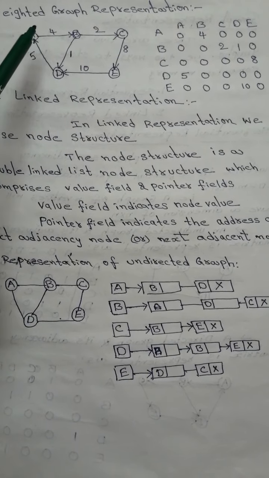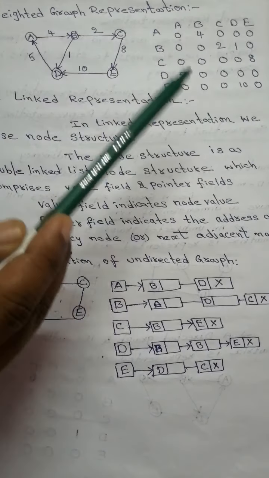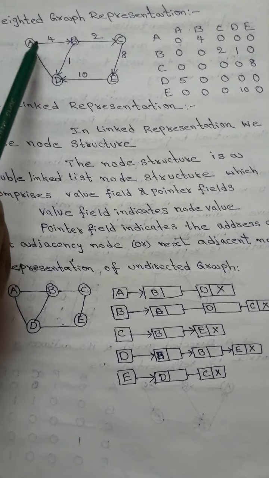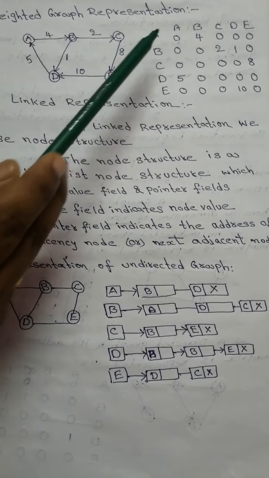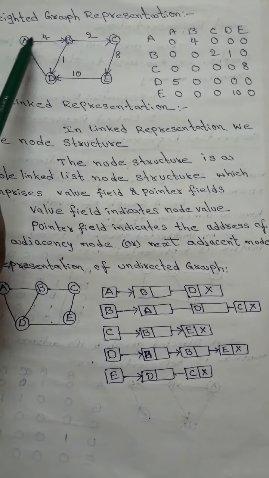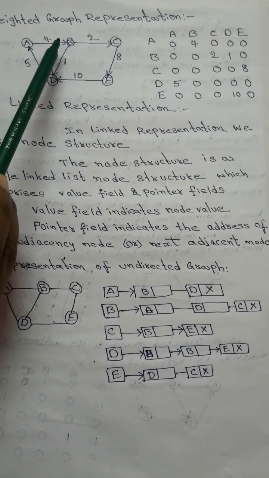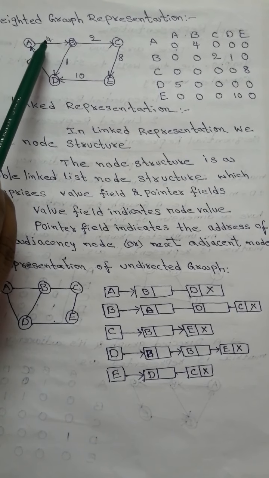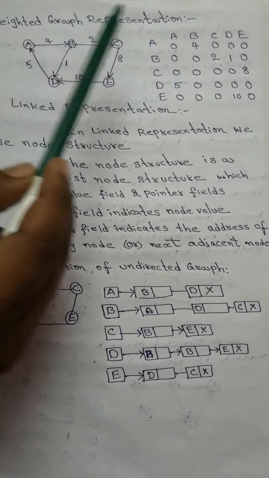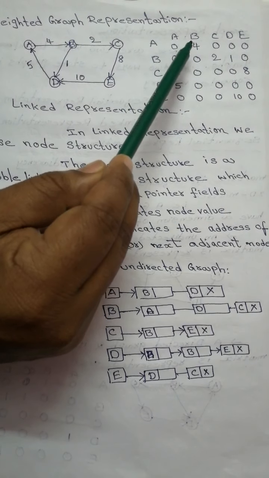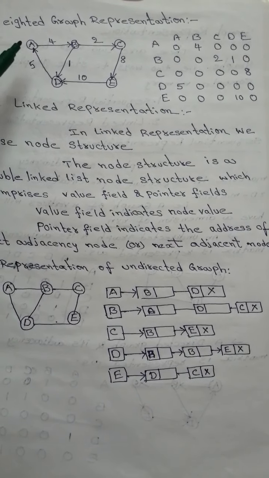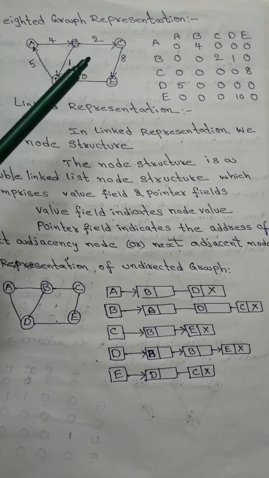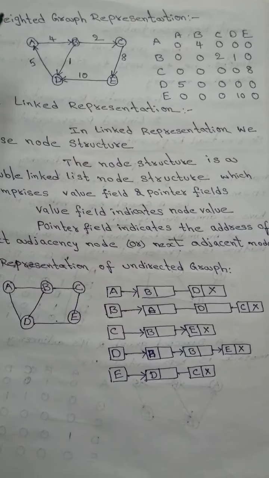Now we represent it with a two-dimensional array, n by n vertices. A to B having a directed edge and its value is 4. It's having a weight of 4, so A to B is represented with 4. There is no directed edge from A to any other element, so remaining all are zeros.